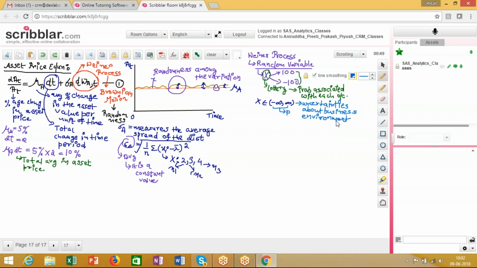So say, for example, let's think about the cash flow of a business as an asset. So let's think about this: the business's cash flow is the asset.